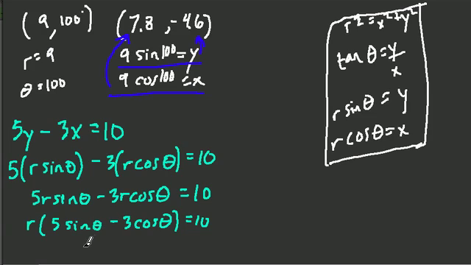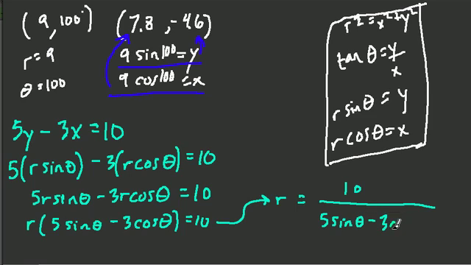Let's write this in terms of theta. We want to have r equals, so r equals 10 and we divide both sides by this big term. We get 10 divided by 5 sine of theta minus 3 cosine of theta. And that's actually it, because our goal was to rewrite this function in terms of r and theta, and we did.